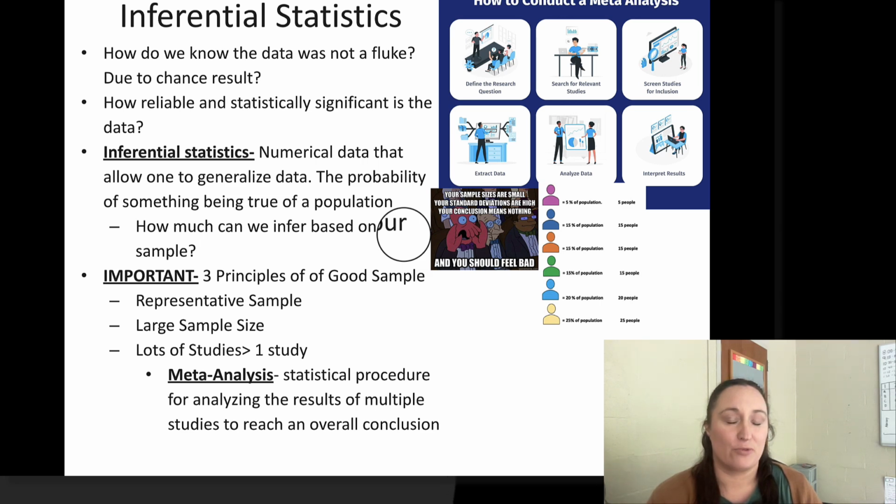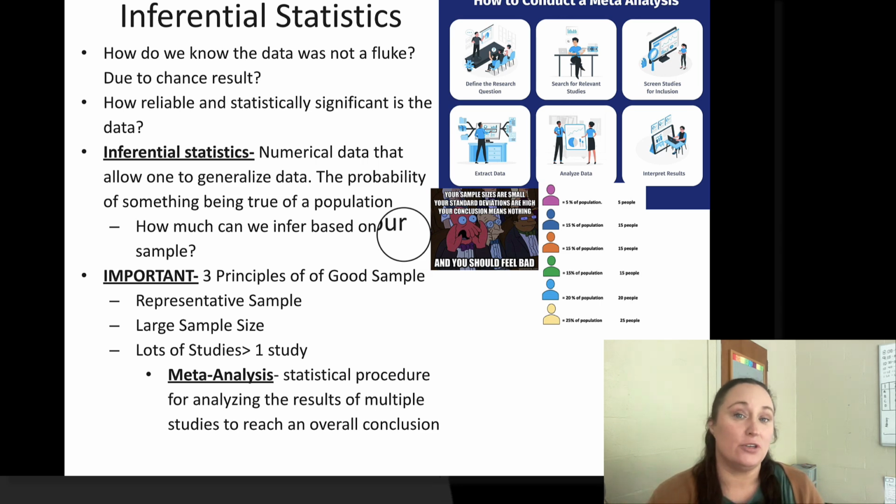We want 3 important factors. We want a sample that is representative. That means that if you are studying a population, let's say you are studying all seniors in high school in the United States, you can't actually put in your study every single senior in high school.